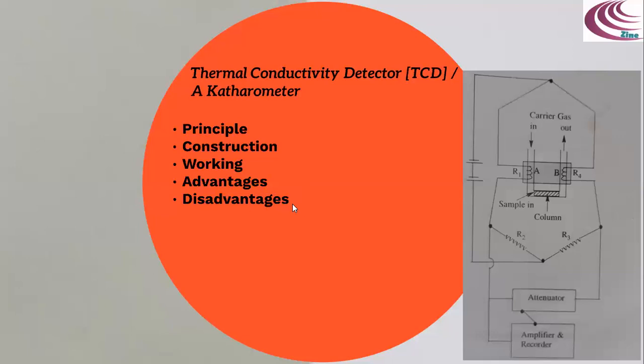In disadvantages, we can say thermal conductivity detector is a non-selective detector. It is not very sensitive as compared to others. Detection of organic compounds by thermal conductivity detector in the presence of nitrogen or carbon dioxide as a carrier gas is less sensitive.